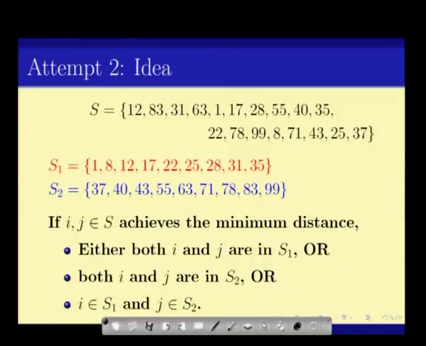Here I assume that i is in S1 and j is in S2. It does not matter exactly which way you do, because anyway i and j can be anything. So, once we have split this set S into these two sets S1 and S2, we have three conditions that can happen. Either i and j are both in S1, or i and j are both in S2, or i is in S1 and j is in S2.